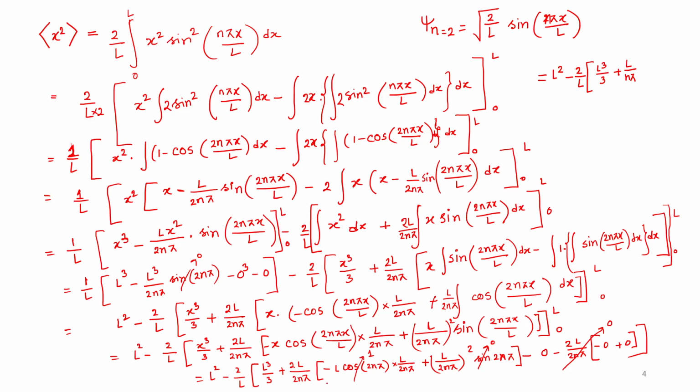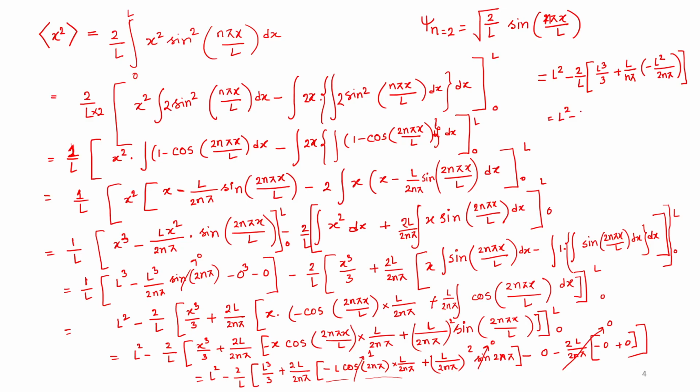So this one term: minus L square by 2n pi. Okay, so this is the only term I am getting from here. Minus L square by 2n pi. I hope I'm making it correct.